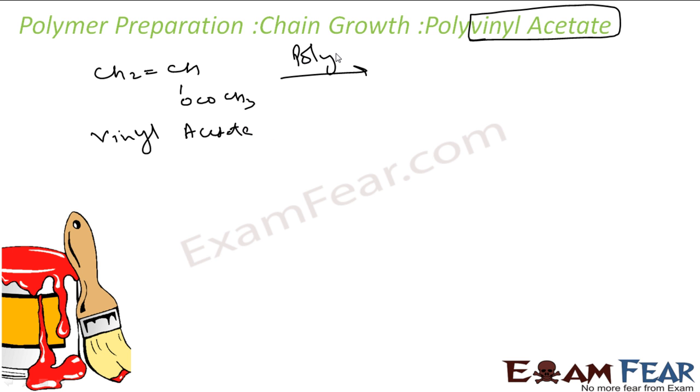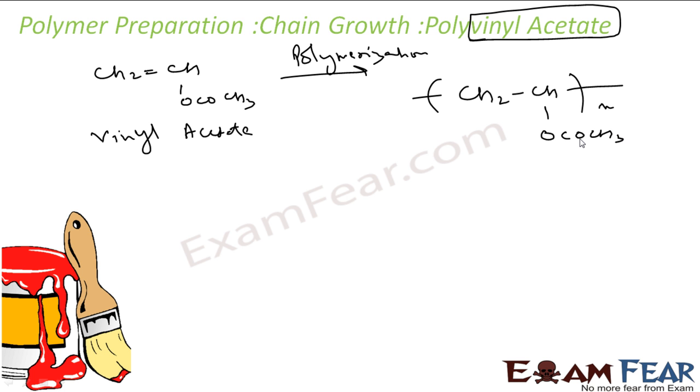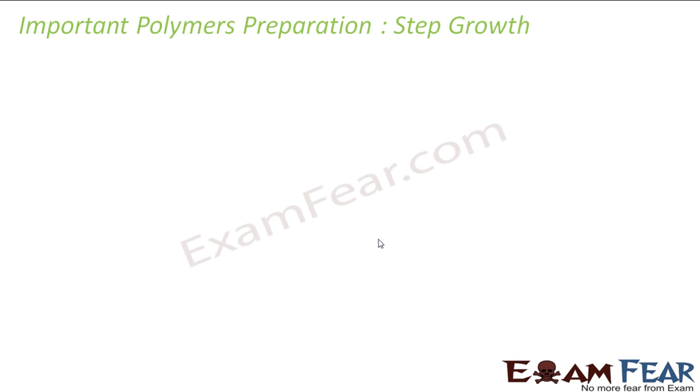Do a polymerization of this, you get polyvinyl acetate. Okay, this is an adhesive and is used in paints. Polyvinyl acetate. Okay.